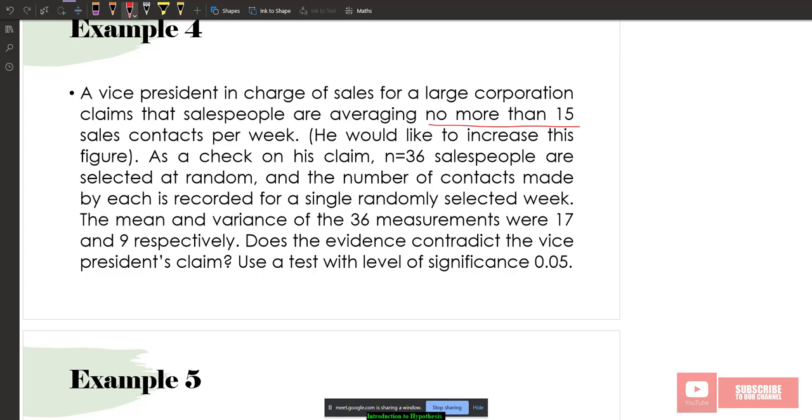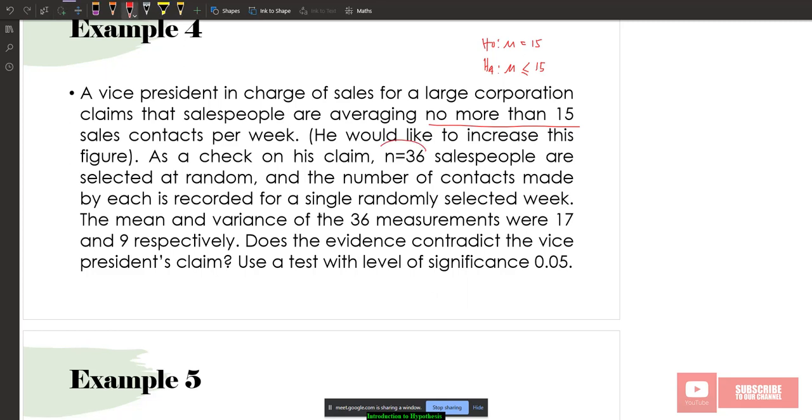Which side is it? It says no more than. This is the claim of the manager: the mean is no more than 15, less than or equal to 15. So the null hypothesis should be mean equal to 15. So this is the hypothesis statement.